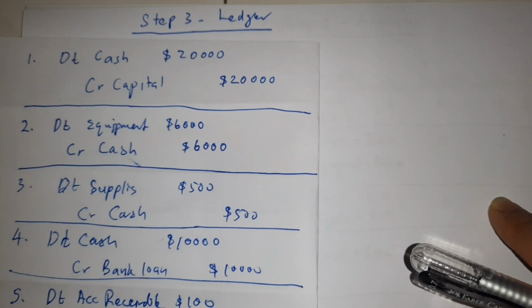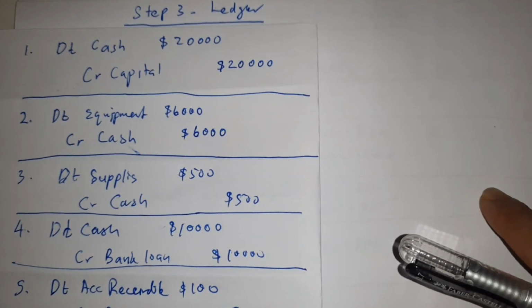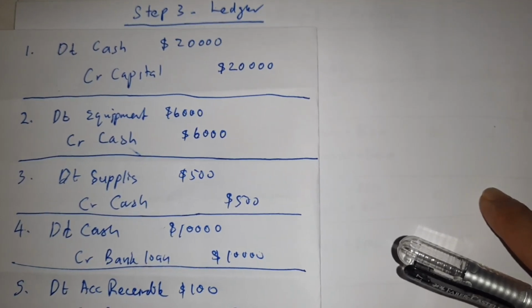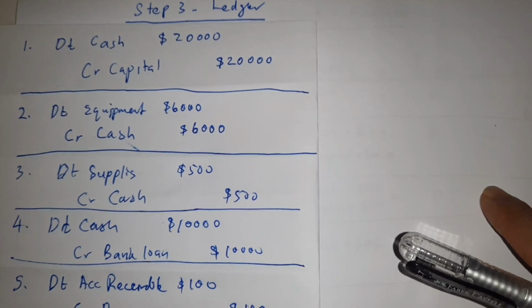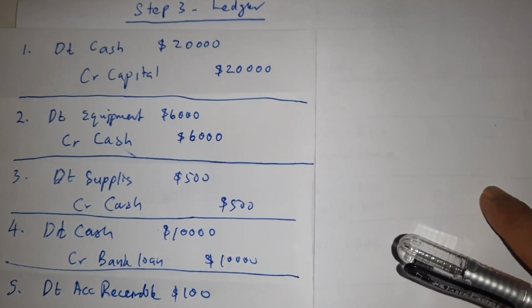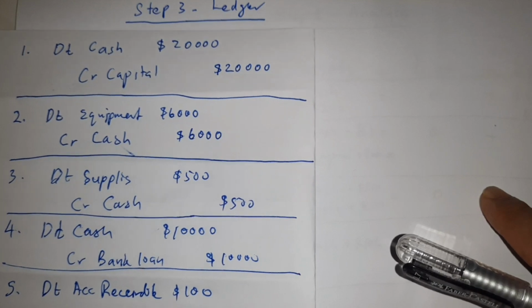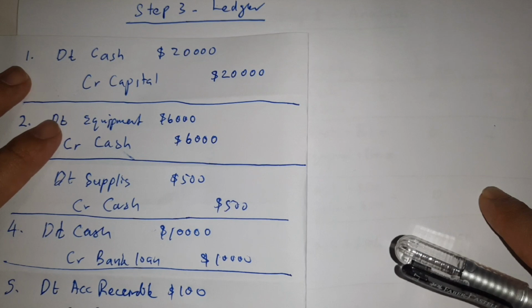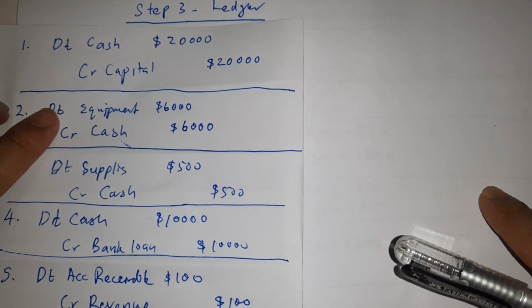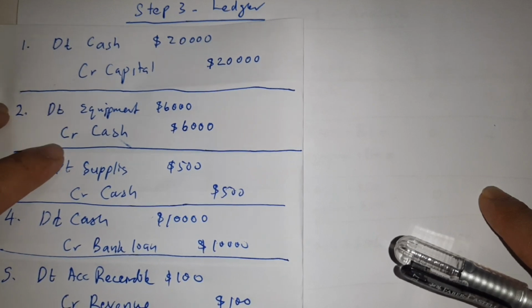You have seen how to record the transaction in the journal. When you want to do step 3, you have to refer to step 2.